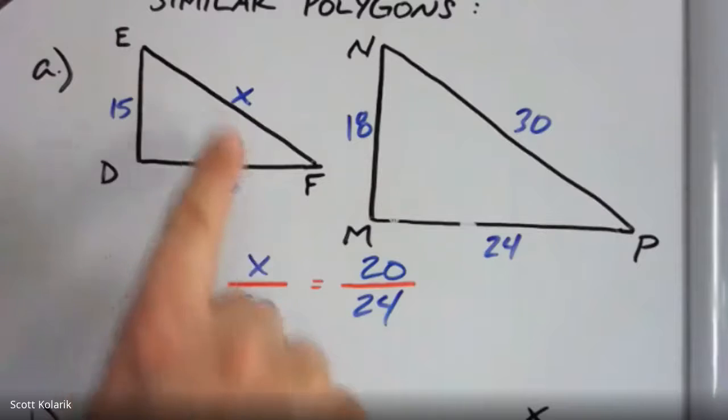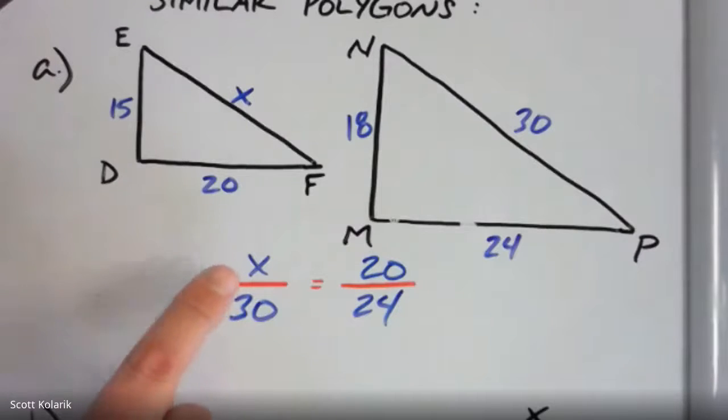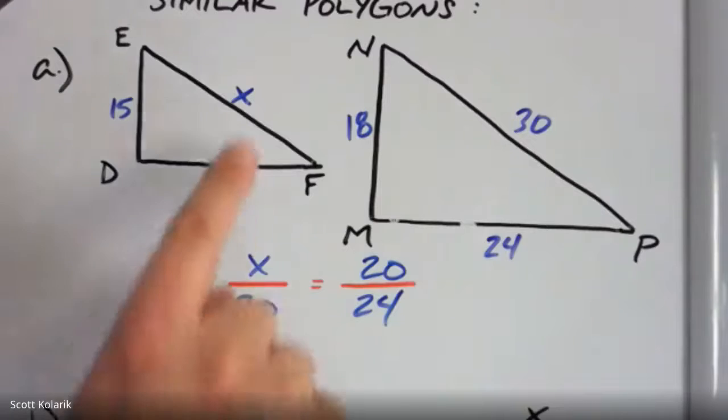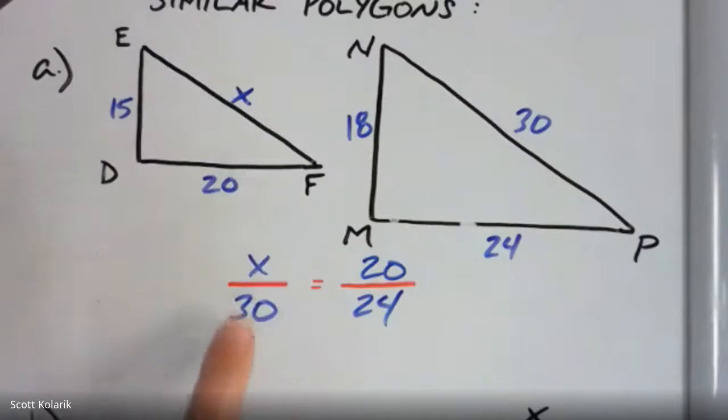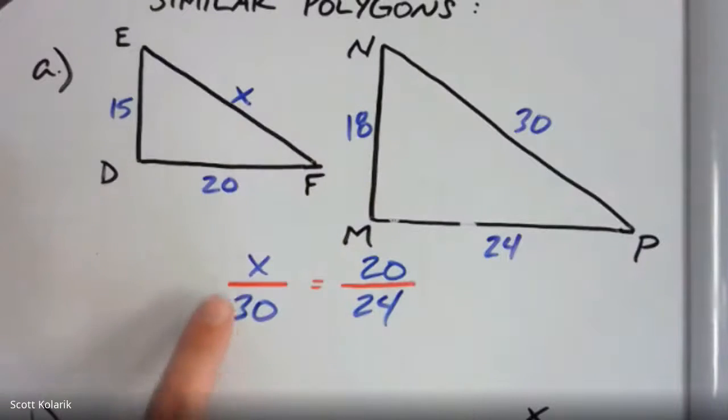The X, I just usually start with it in the numerator in my first fraction. So if that's the piece I'm solving for, that's where I'm going to put it. And then I need corresponding pieces in the same ratio, in the same fraction. So these two have to correspond to each other. These are 2 separate figures, 2 separate triangles here, but they're corresponding pieces.